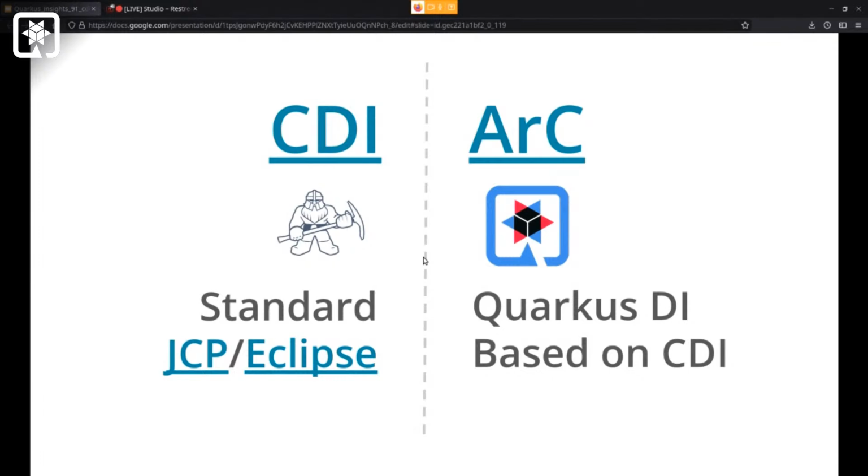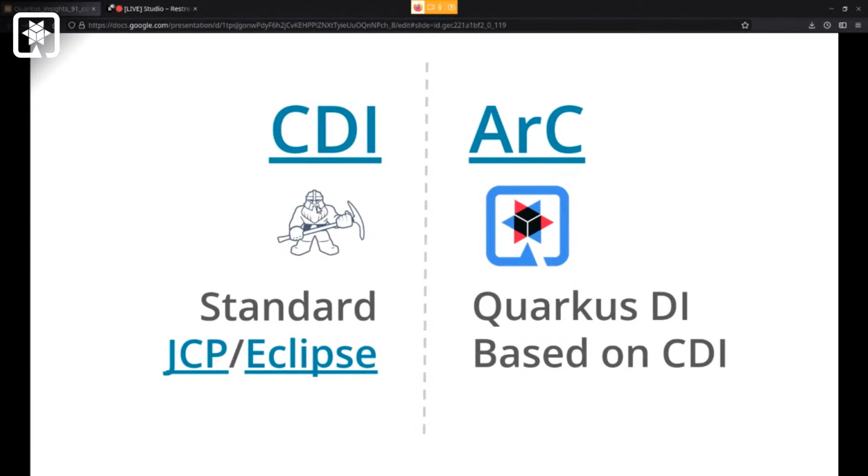On the other hand, we have ARC, which is our Quarkus dependency injection solution, which is based on CDI. So we use the CDI API. Currently, we use the old version of the CDI API using the javax package, but we'll talk about the switch to the new package as well.